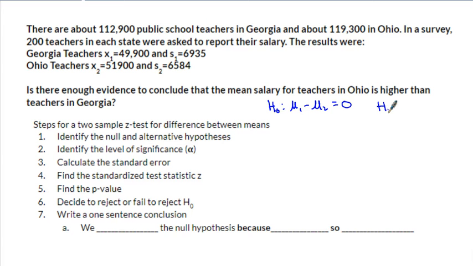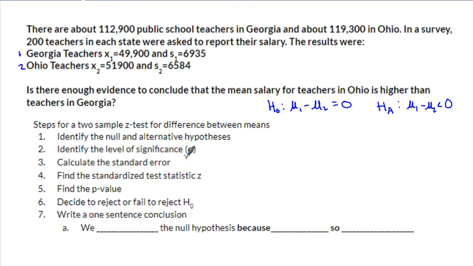All right, our alternative hypothesis is going to be that mean 1 minus mean 2 is less than 0, okay? Because this is sample 1 and this is sample 2. So I'm assuming that Georgia is going to be smaller than Ohio. So mean 1 minus mean 2 would be less than 0.